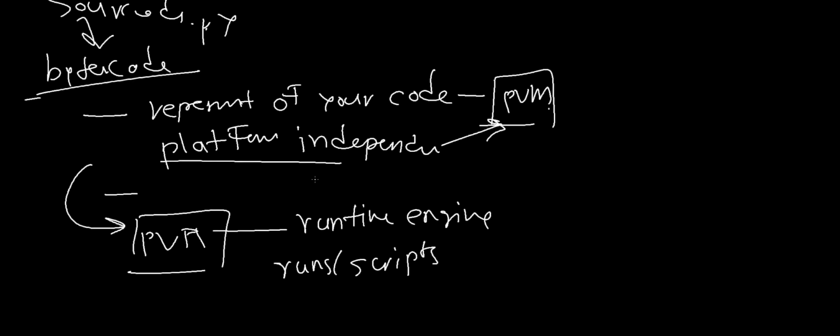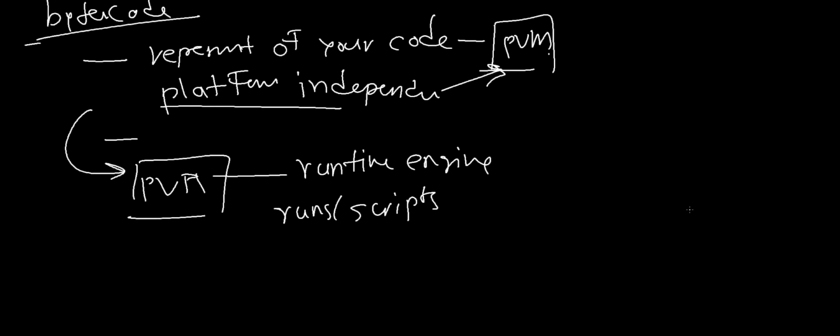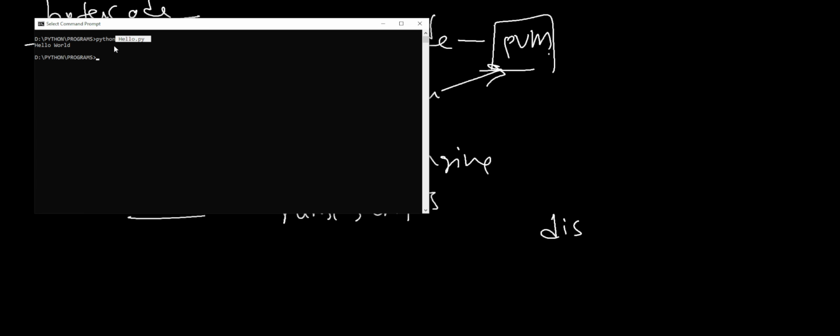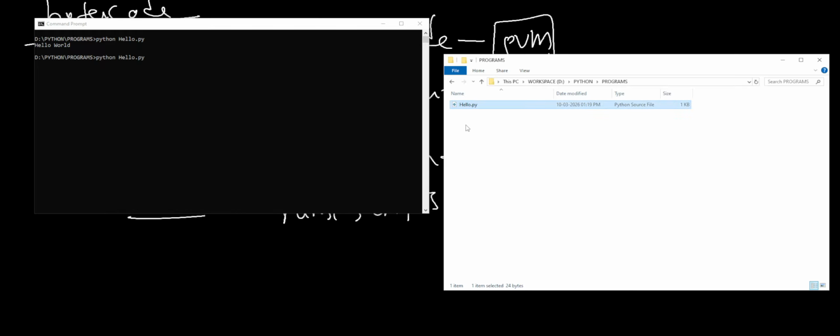We'll see how bytecode looks. There is one command known as dis, which we can use to see how the Python bytecode looks. Here we have run the program, but there is no .pyc file, meaning the Python bytecode is generated in memory.